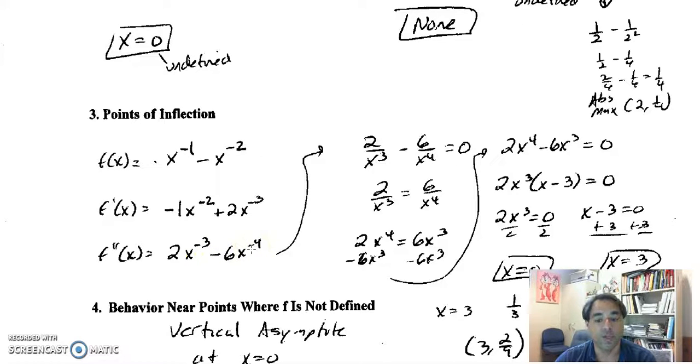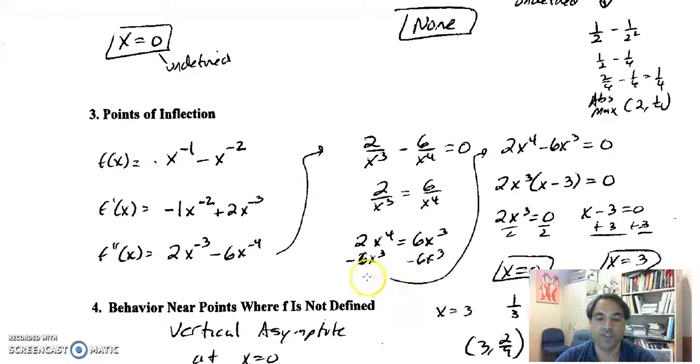Again, to solve this, set equal to 0. But I'm going to make these negative exponents positive by moving them to the denominator. So 2 over x to the third minus 6 over x to the 4 equals 0. We're going to make a proportion. We're going to add 6 over x to the 4 to the other side. So we have 2 over x to the third equals 6 over x to the 4. Cross multiply. 2 times x to the 4 is 2x to the 4. 6 times x to the third equals 6x to the third.